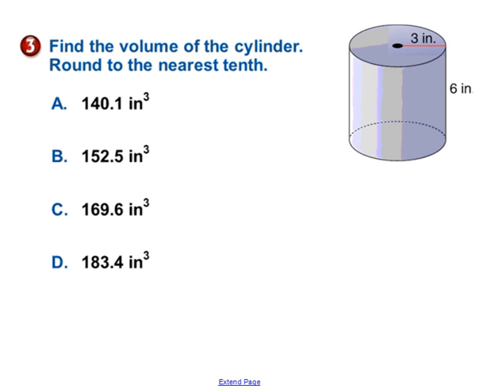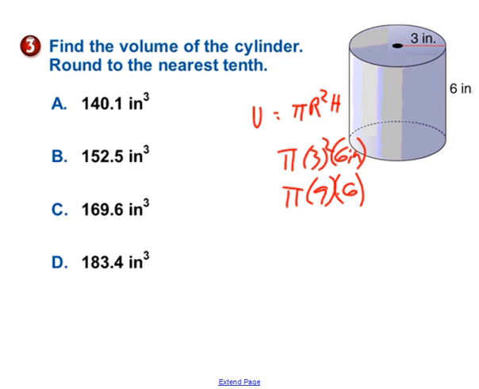Do the same thing here as practice, and then come back and check your video. The volume of the cylinder here is equal to pi r squared times the height. So it's pi times 3 squared times the height of 6 inches. So pi times 9 times 6.